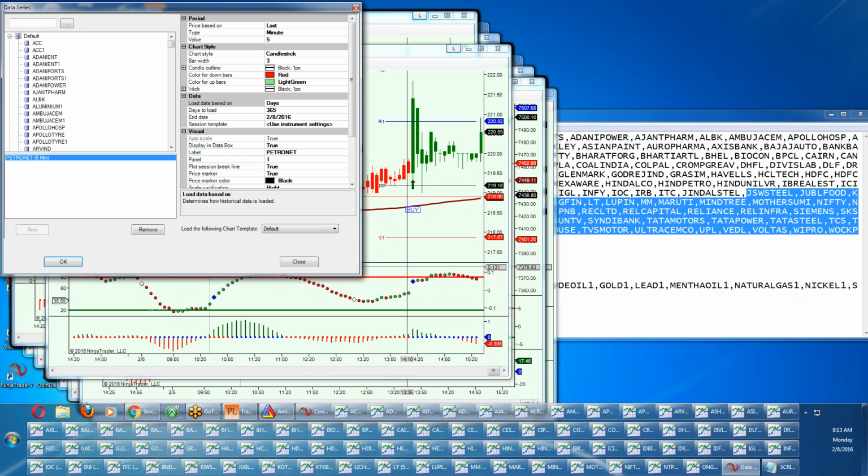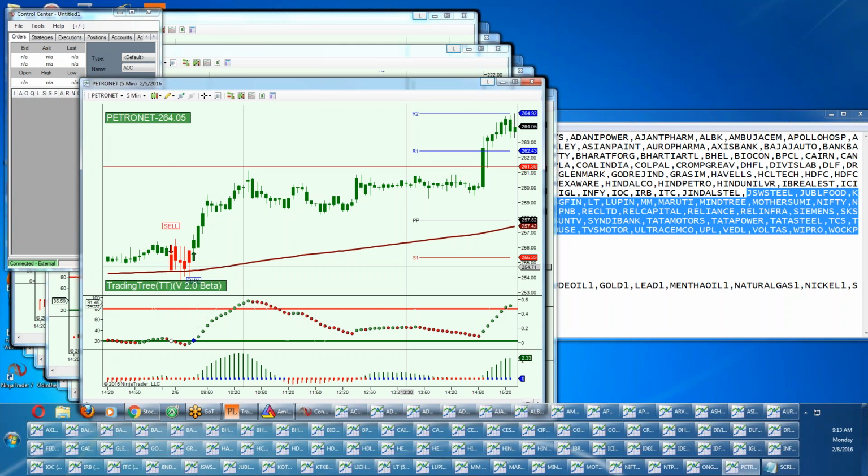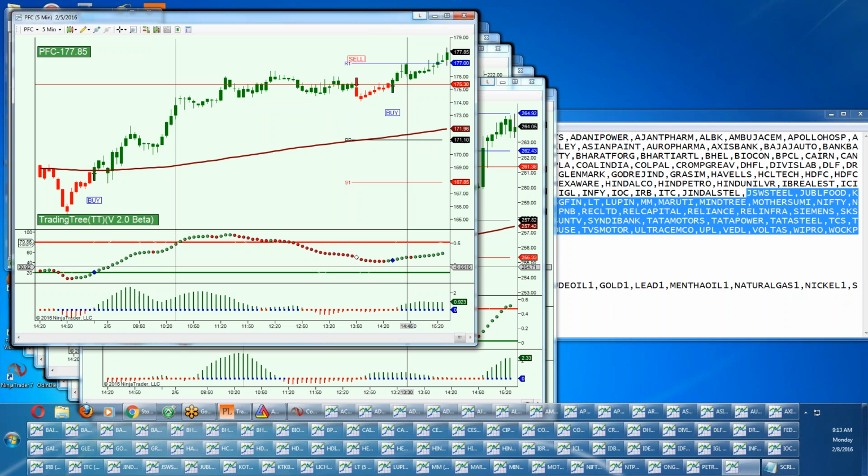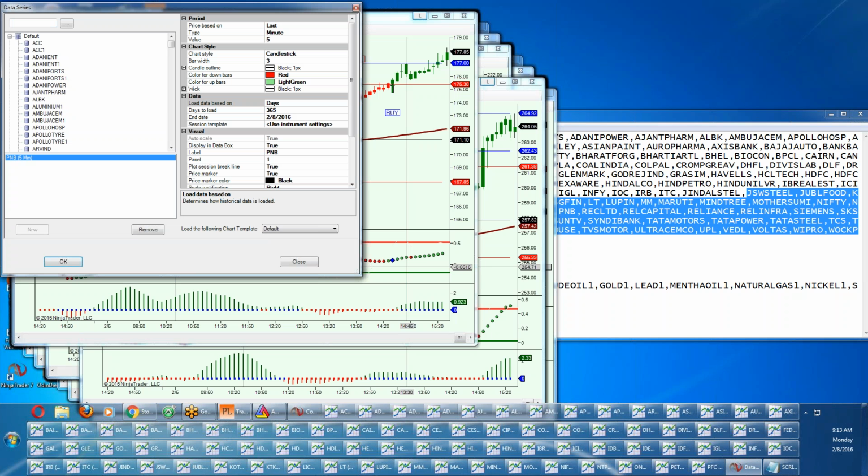It's not necessary that you'll have to open this many charts. You can just open the charts of whichever stocks you want to trade. For demonstration purposes, I'm opening all the charts here.